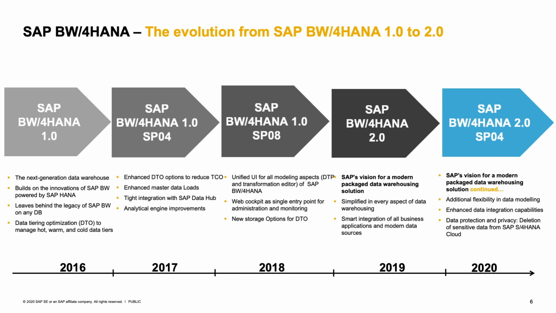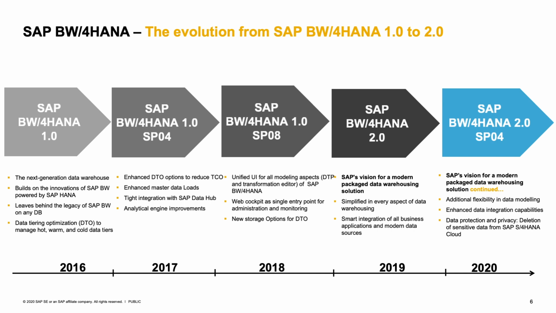Then at the end of 2019, we launched BW for HANA 2.0, the initial shipment, and already here we introduced quite a lot of new functionalities. So it's definitely interesting for those of you who haven't done it already to have a look at the features we launched there.